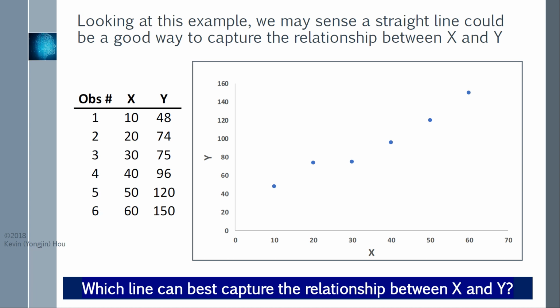So that's why linear regression could be a proper method for this particular example. But now the question is, which line is the best line? Should it be steeper or flatter? And what's our criteria?